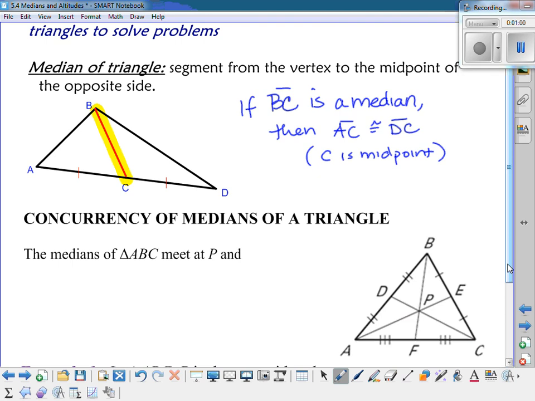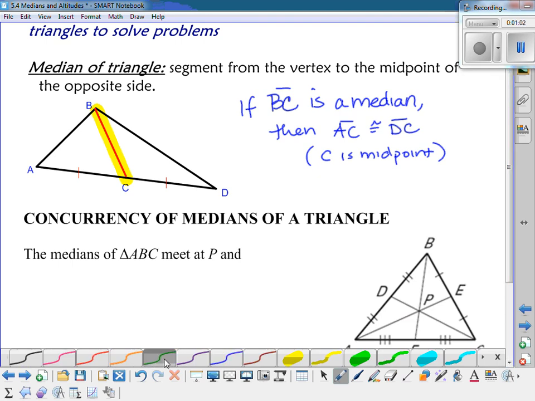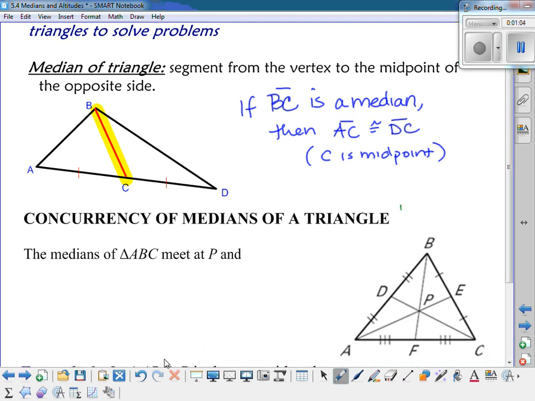The point of concurrency for the medians is called the centroid. And it's actually the balancing point of the triangle. If we were to find the centroid of a triangle and balance it on the tip of our finger or the tip of a pencil, the triangle would be balanced.